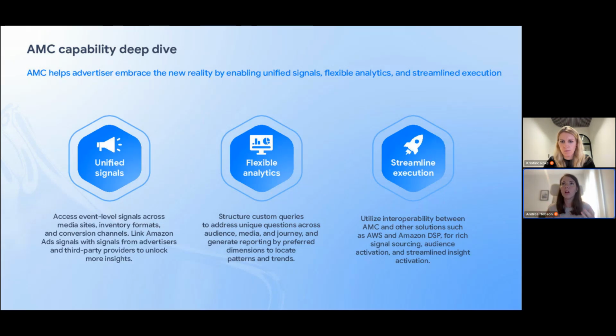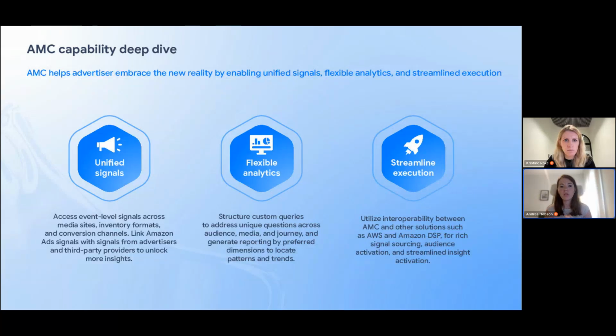We were saying before that you can really customize these reports to answer your specific business questions. They're not constrained in that sense, and you can include those preferred dimensions, so geo, device, campaign, and then uncover trends within your brand specifically.